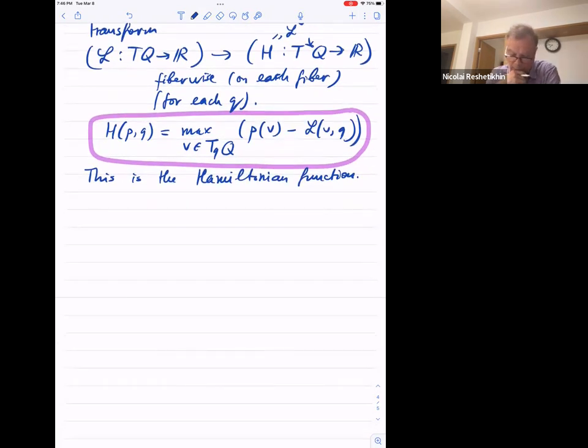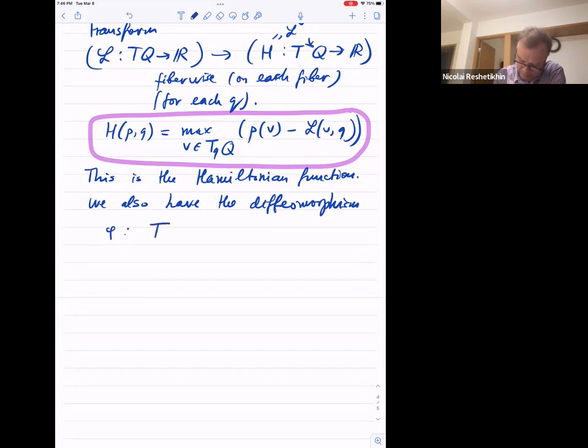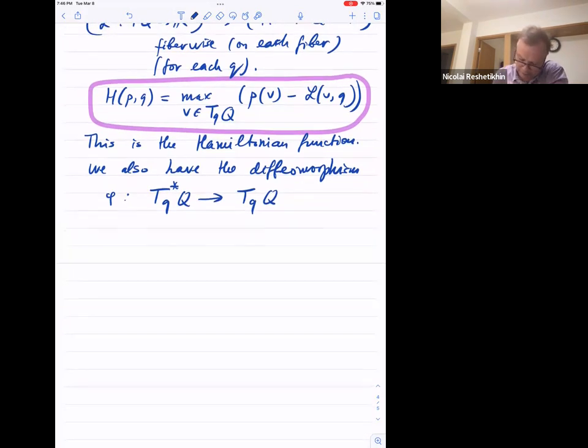So what else is important here? Because we have a smooth, strictly convex situation, we also have a diffeomorphism, a non-linear mapping, but a diffeomorphism. Let's call it phi. For each q, a fiberwise diffeomorphism from T star to T, from the cotangent space to the tangent space, and it brings the point (p, q) to the point (v star of p, q, q).